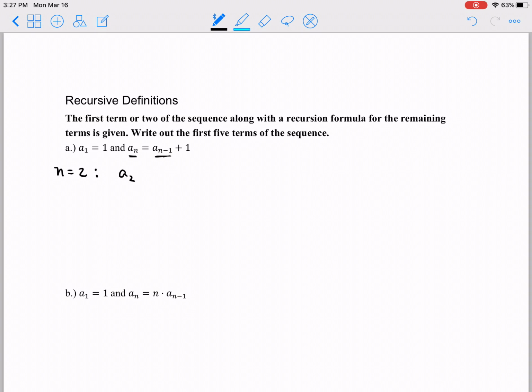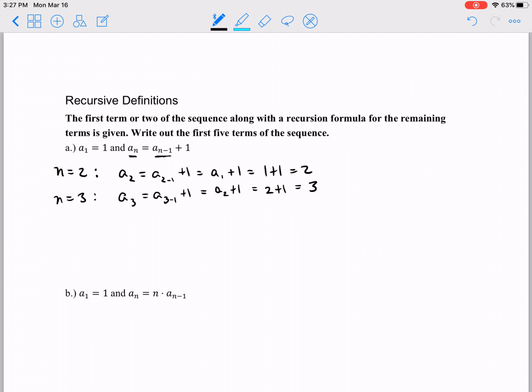So a2 will equal a(2 minus 1) plus 1, which is a1 plus 1, which is just 1 plus 1, which is 2. And now that we have a2, we can do a3. So a3 is going to be a(3 minus 1) plus 1, which is a2 plus 1, which is 2 plus 1, which is just 3.